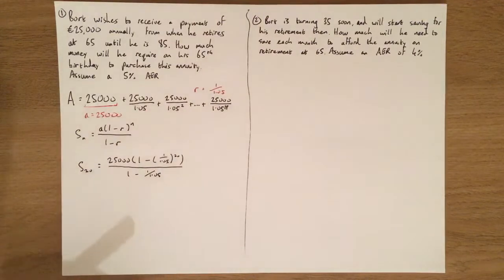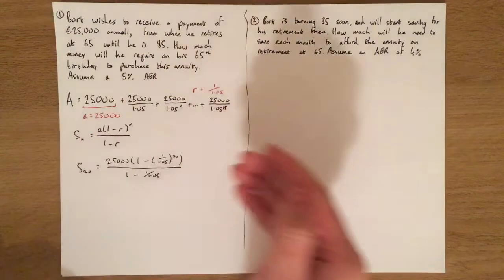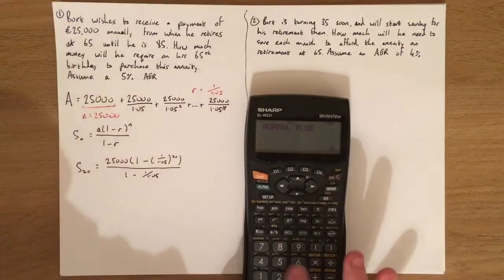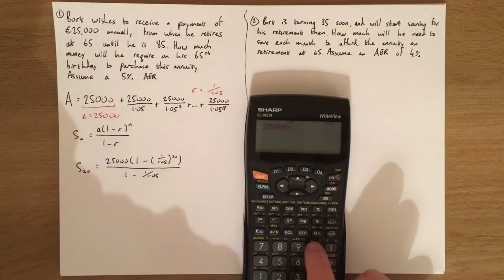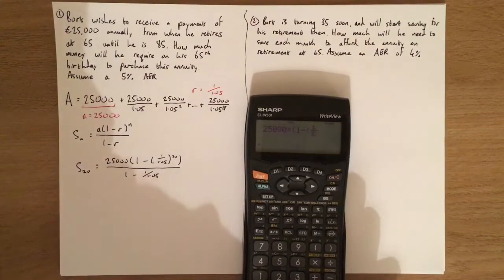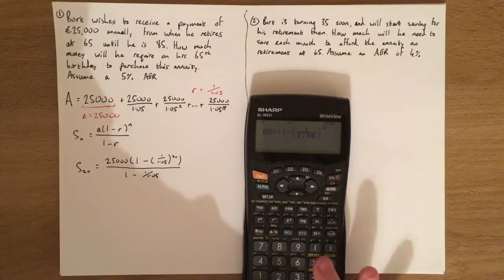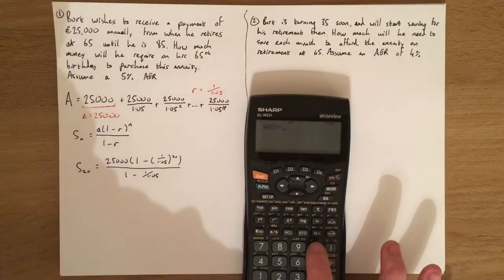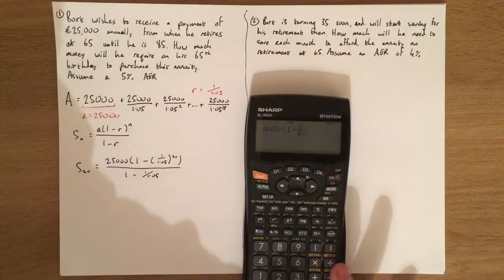Okay, so the cost to purchase the annuity is the present value of all future cash flows coming out of it. So if I work this out in the calculator, 25,000 multiplied by 1 minus 1 over 1.05 to the power of 20, divided by 1 minus 1 over 1.05.